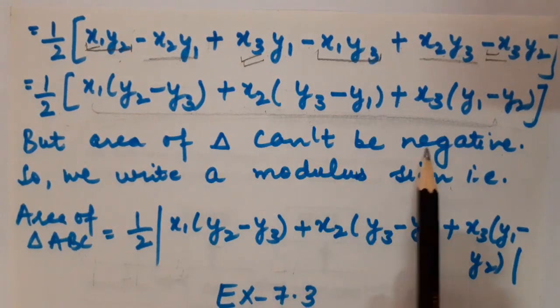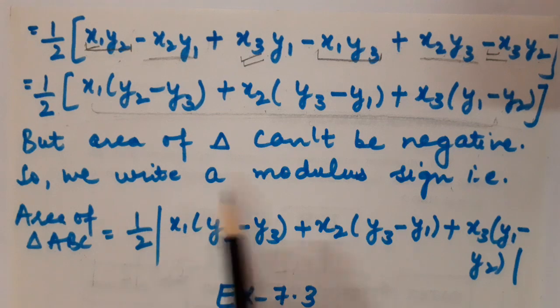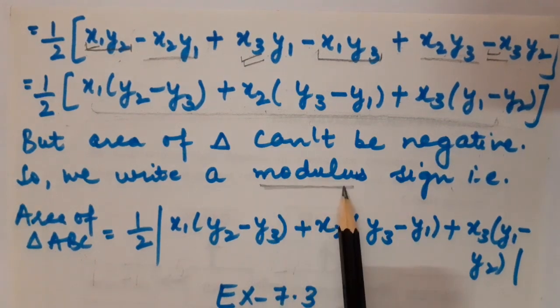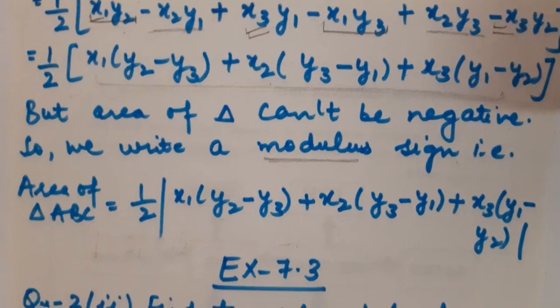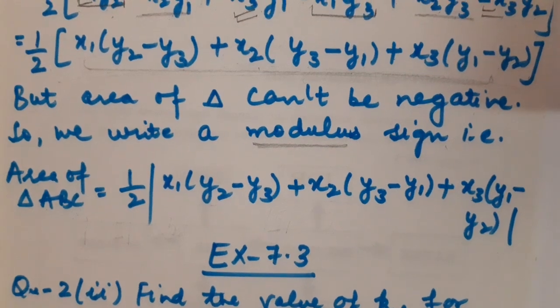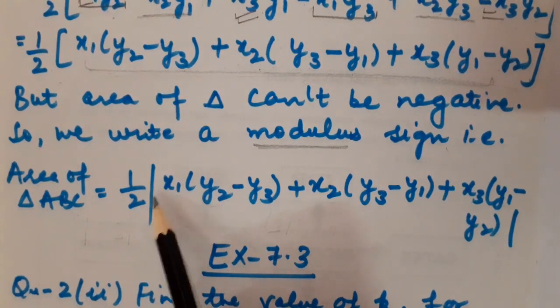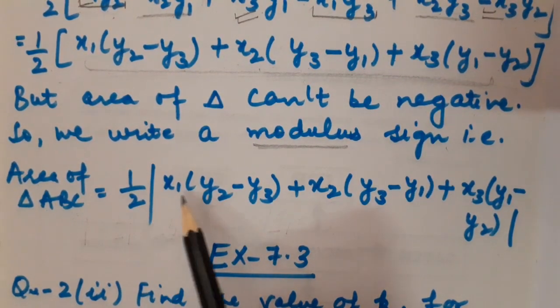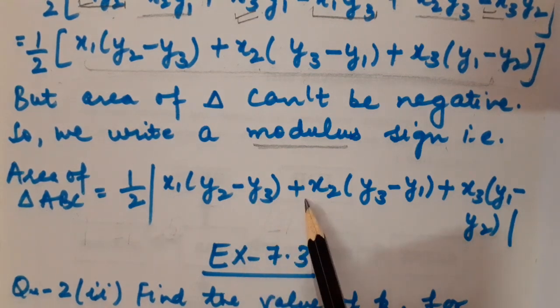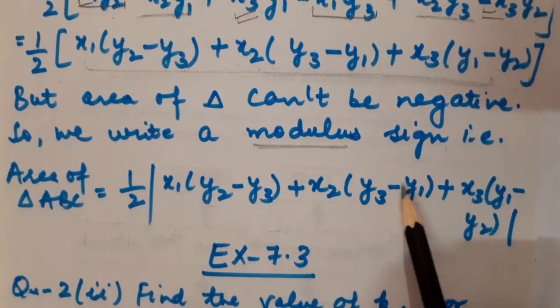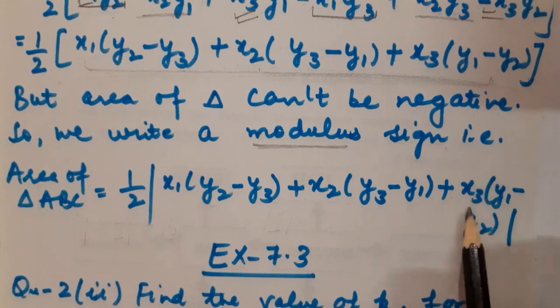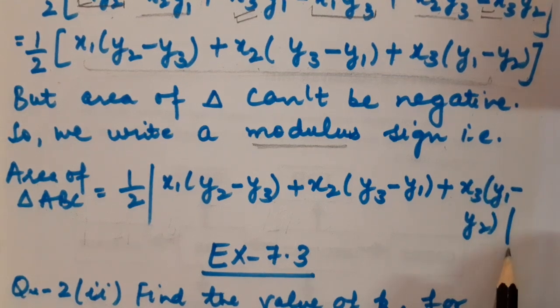But the area of the triangle cannot be negative. So we will insert which sign? Modulus sign. Okay. So now ultimately we have got area of triangle, that is half into modulus x1 into y2 minus y3 plus x2 into y3 minus y1 plus x3 into y1 minus y2, modulus closed.